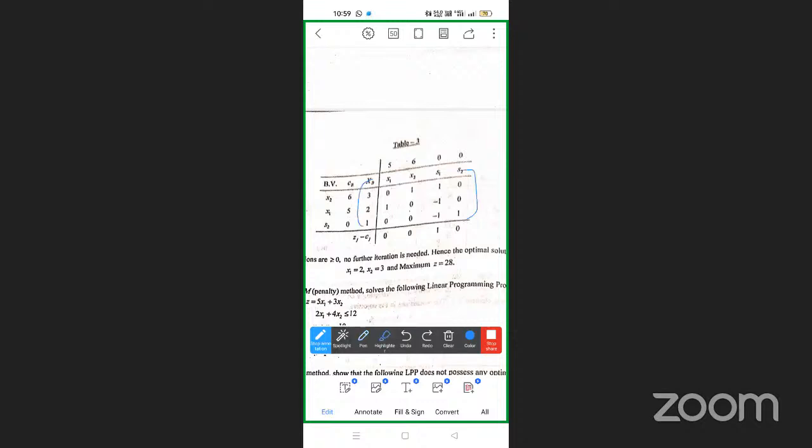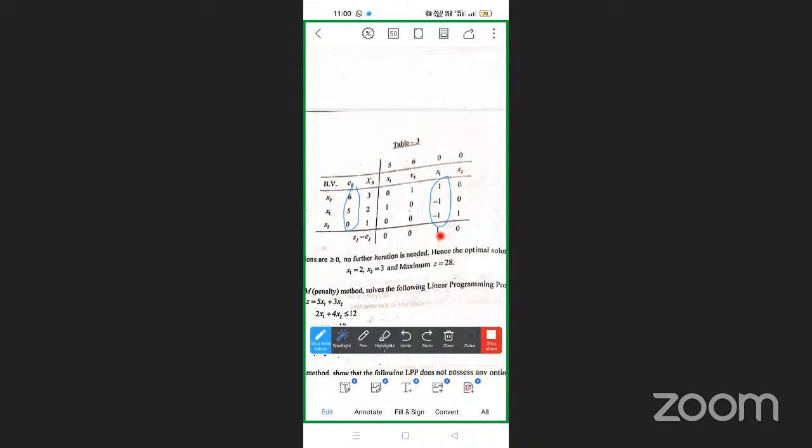Next we can find out all the delta J's. CB into X1: 0 plus 5, minus 5, 0. Next, 6, 0, 0, minus 6 plus 6 minus 6, 0. Next, 6 minus 5, 1.